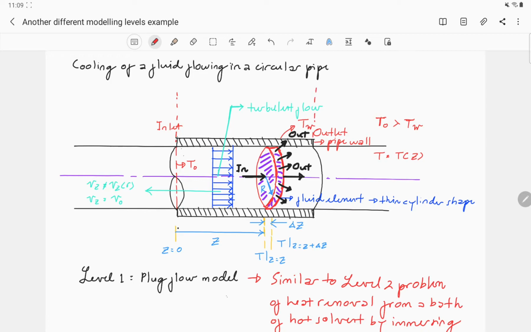We focus only on this particular section, where this end is the inlet and this one is the outlet. Then we draw the relevant pipe wall sections. We know that the fluid flows from the inlet to the outlet.